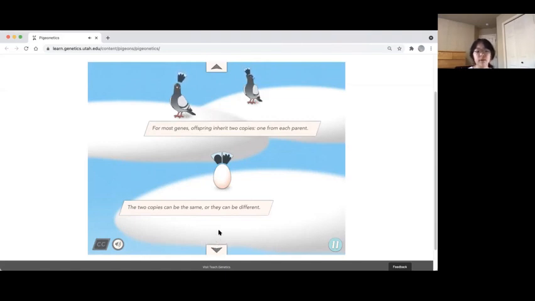If the 2 copies of the gene are the same, then they are called homozygous genes, homo meaning same. And if they have different genes, it is called heterozygous, and hetero means different, so that's correct.